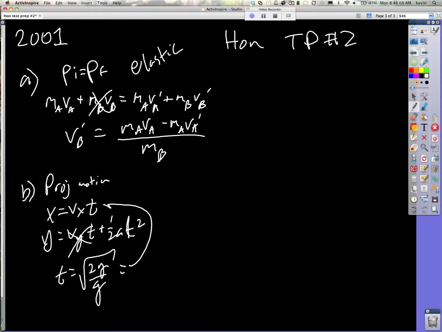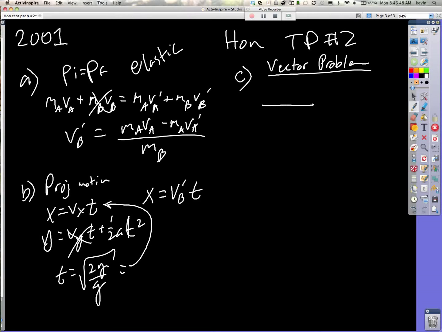Part C is a vector problem. So then you have this vector coming in, which is MA VA, and then you have target ball C strikes the floor at point P, so C comes off like this.